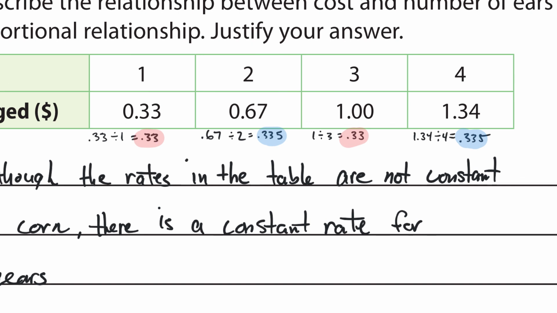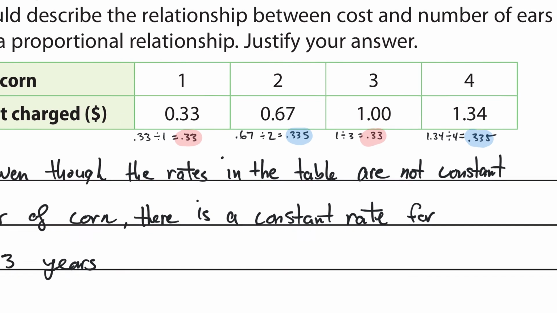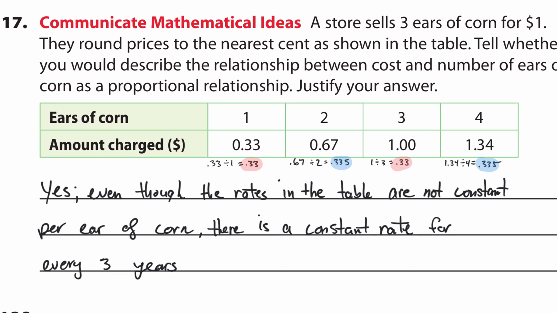So it seems like every other one you have a constant rate right there. So that could be proportional. If we just go from here to here, those are proportional and these are proportional. And so that would be okay. It's pretty darn close too. I mean, you round to the nearest cent right there. You're pretty close.